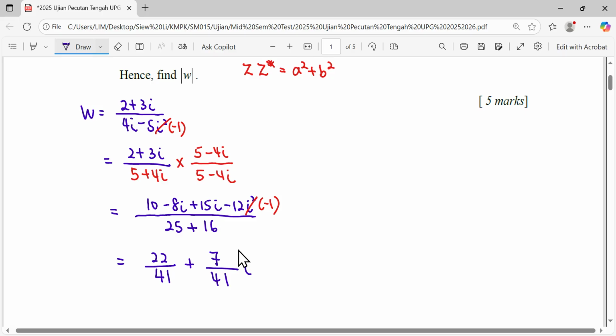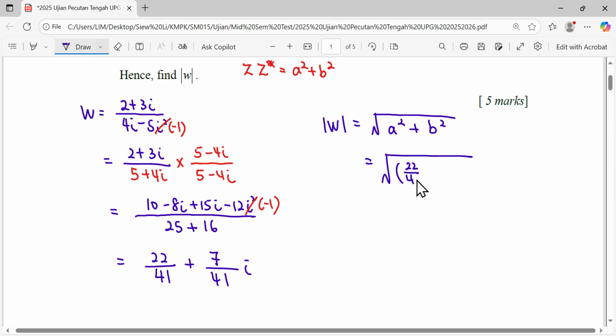So after we get this standard form, the question asks us to find the modulus of the complex number. The modulus of the complex number is square root of a squared plus b squared. So substitute in our a value, real part is 22 over 41 squared. Then substitute our b value here, 7 over 41 squared.